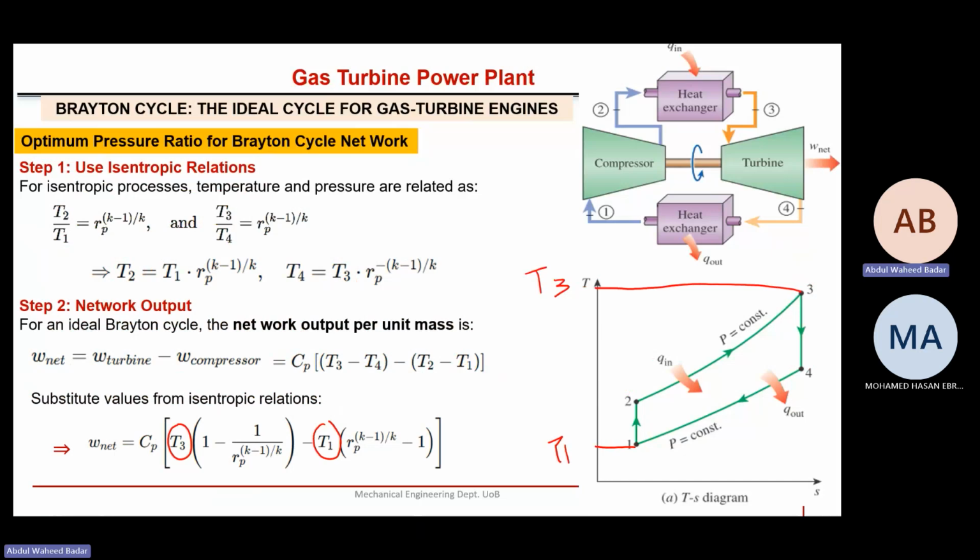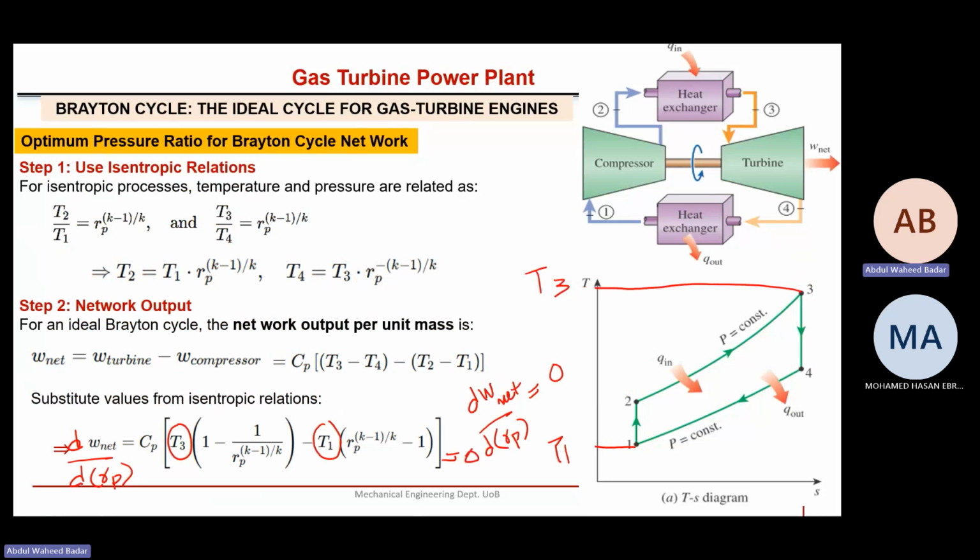Now, what I want to find out is that point where the derivative or slope of this curve with respect to RP becomes 0, W net 0. So it means you need to differentiate this equation with respect to RP and put it equal to 0.